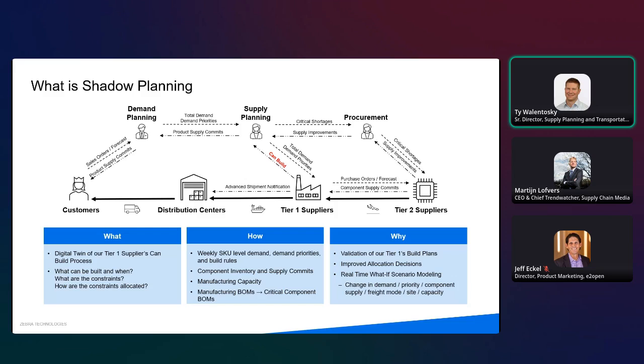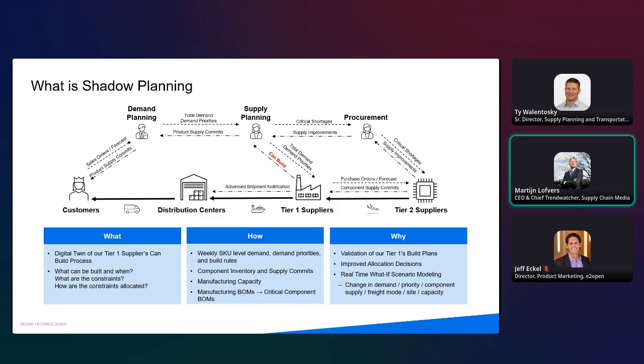But what we typically do is we're taking the product's bill of materials, and for some of the critical parts, we control those parts of the BOM. Right. So, we call those Zebra controlled parts. And then for some of the more off the shelf components, we allow our tier ones to manage those components and those suppliers.